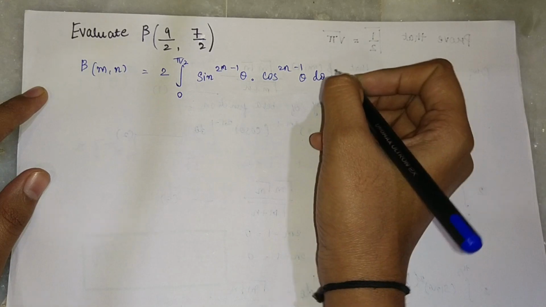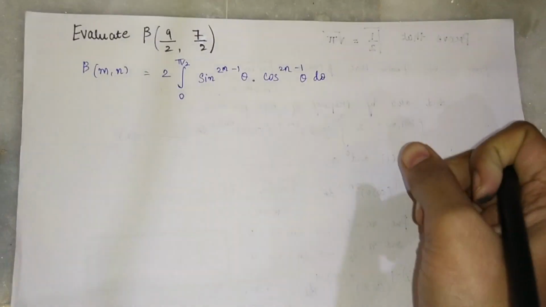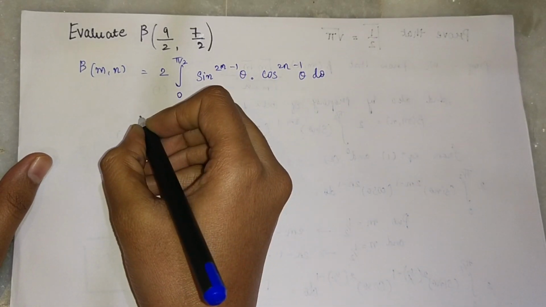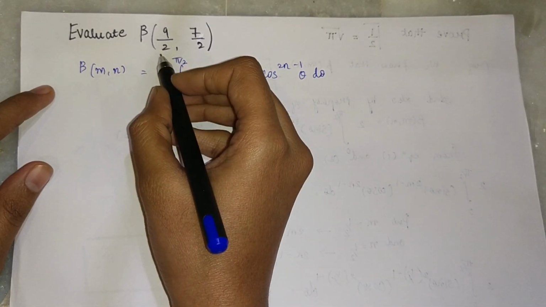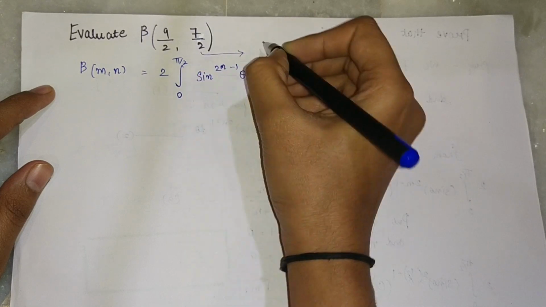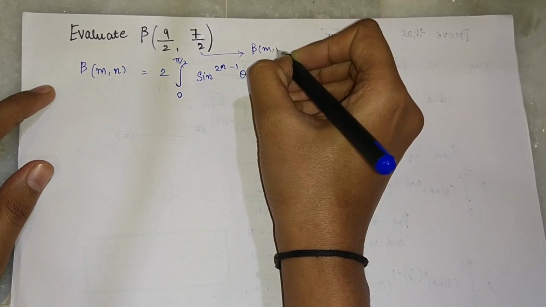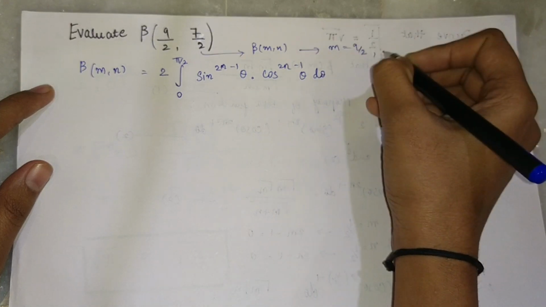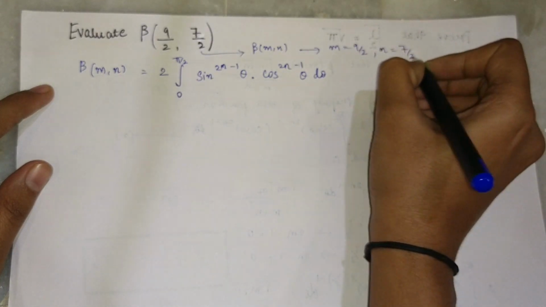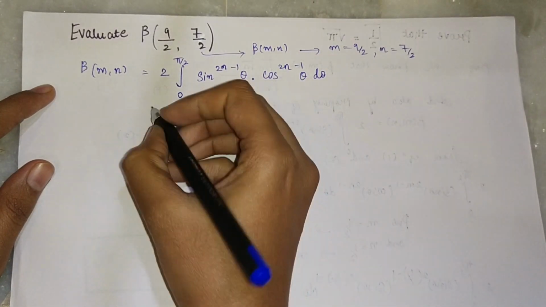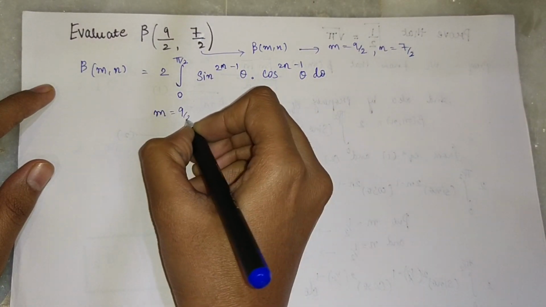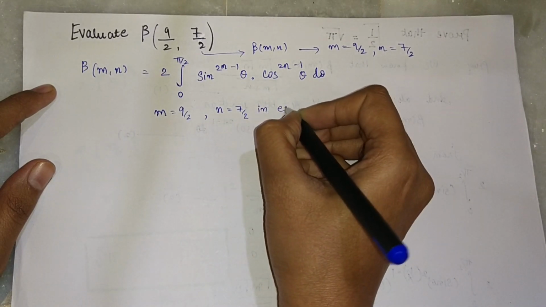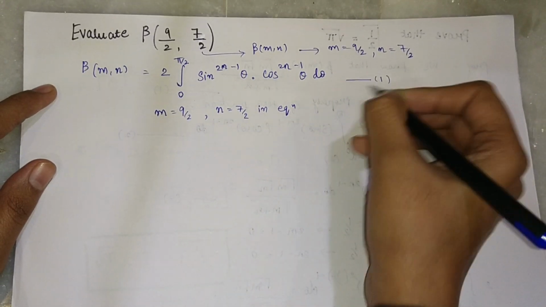We have already proved this property in the previous lectures, so you directly have to write this property here. Now here we can say that this is the form of beta m comma n. So our m will be 9 by 2 and n will be 7 by 2. So we will substitute m equal to 9 by 2 and n equal to 7 by 2 in equation 1. This is our equation 1.